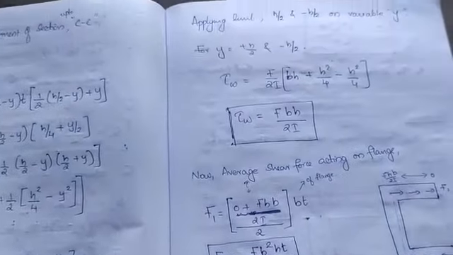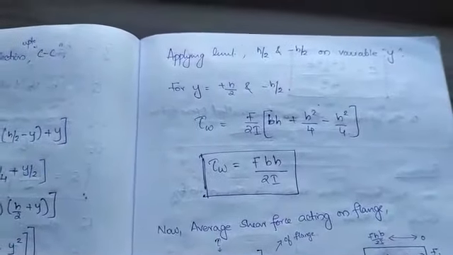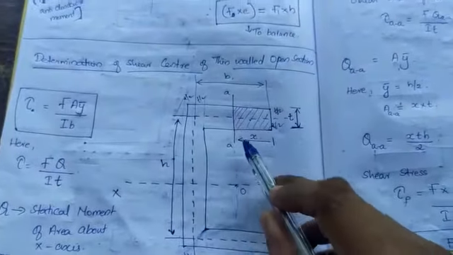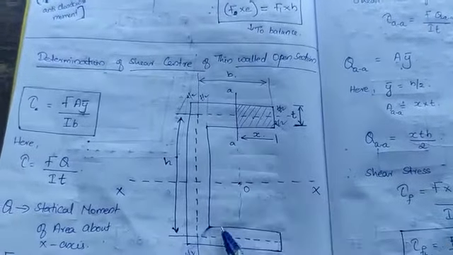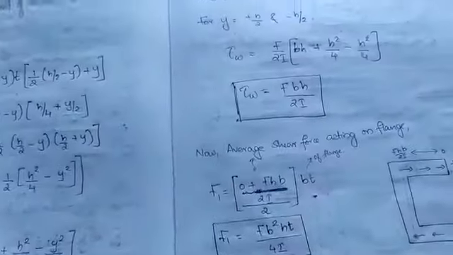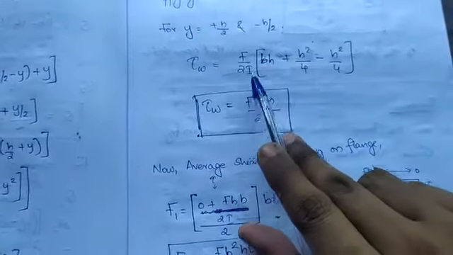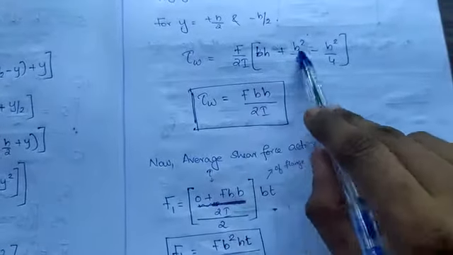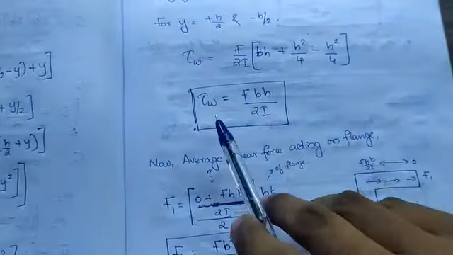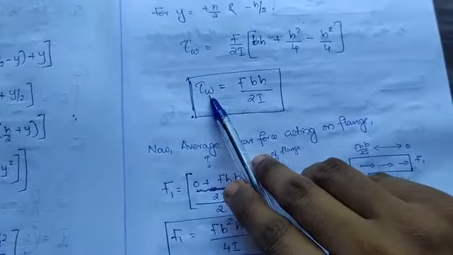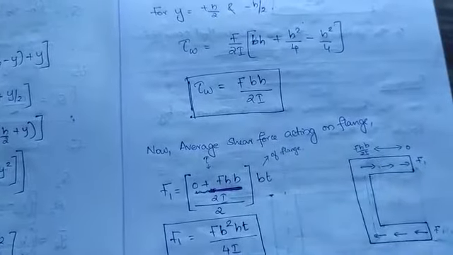If you apply the limits, H by 2 and minus H by 2, because this diagram is like this, this is the centroid, this is H by 2, and up to here this is minus H by 2. So for Y you give H by 2 and minus H by 2, H square by 4 and H square by 4 cancel. So the web shear stress is FBH by 2I.